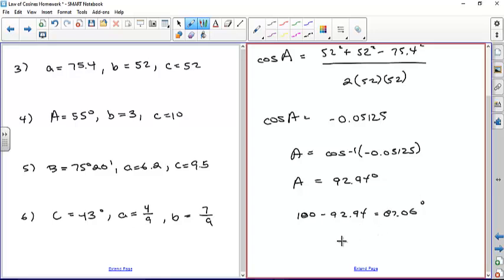And if you divide that by 2, angles B and C are going to be the same. So it's 43.53 degrees. Okay, so that's using the fact that these are equal to each other.